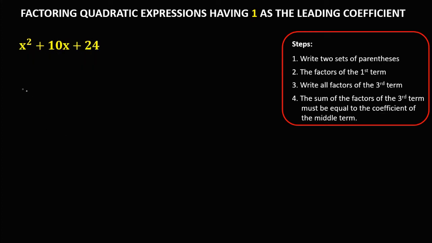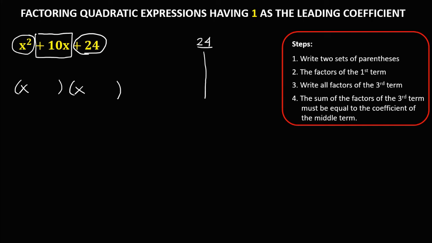Then for this given, write two parentheses. Then the factors of the first term, that's x times x. Then we need to list all the factors of this third term, the factors of positive 24. Since the middle term is positive, all factors must be positive.